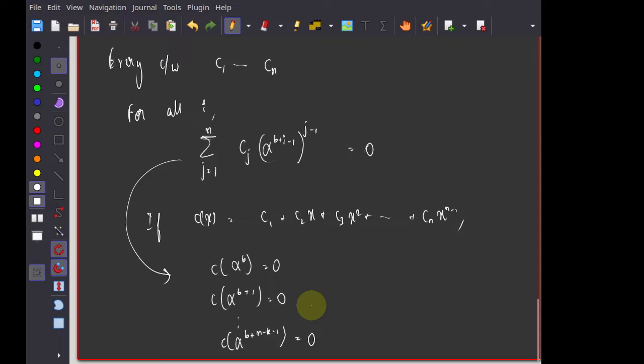All right. So this is true, right? So what does this mean? It means that all of these, alpha to the b, alpha to the b plus 1, all the way up to alpha to the b plus n minus k minus 1, are roots of this code word polynomial.